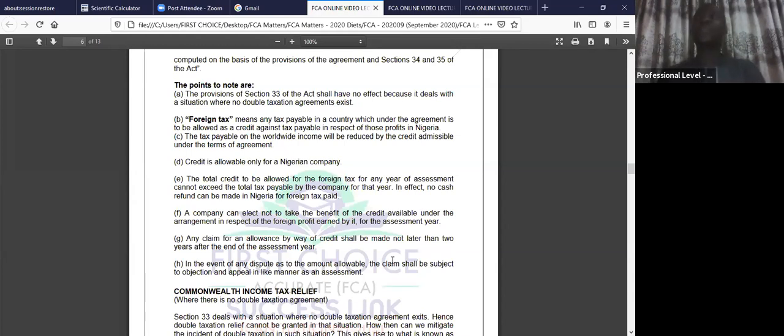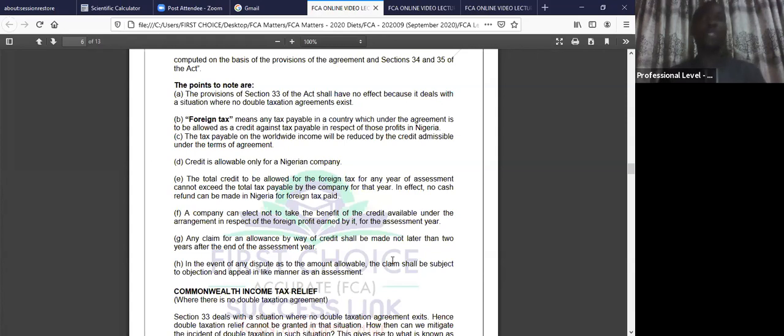All right. So by way of summary, when you are dealing with double tax, first of all, look out for the fact that it's a wholly Nigerian company. Look out for the fact that there is a specifically spelled out double taxation agreement. Thirdly, look for the foreign tax, then get the foreign tax rate. How do you get the foreign tax rate?